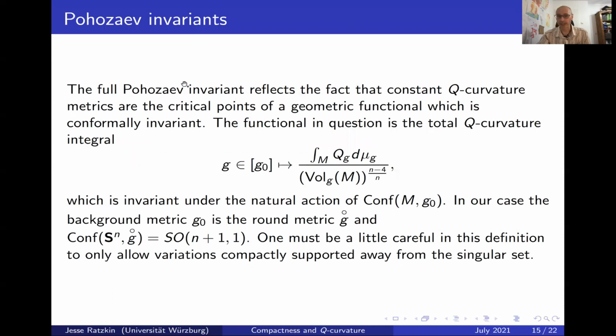Okay, finally, in the last part of part 2 of this presentation, we're going to describe the Pohozaev invariants. So the Pohozaev invariants all fit into a much larger principle, which is in physics usually called Noether's principle.